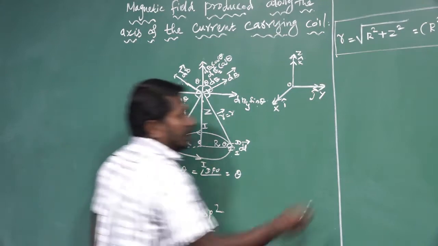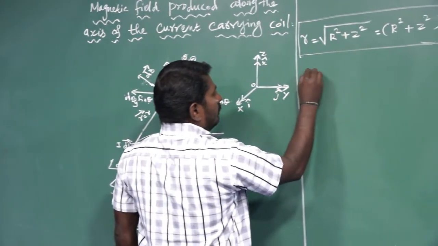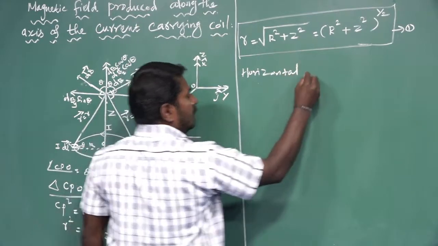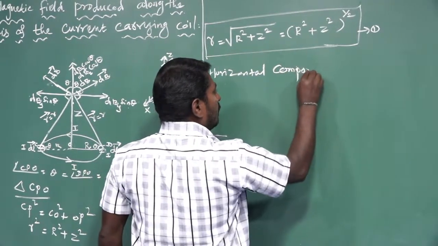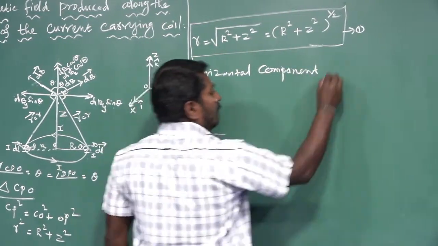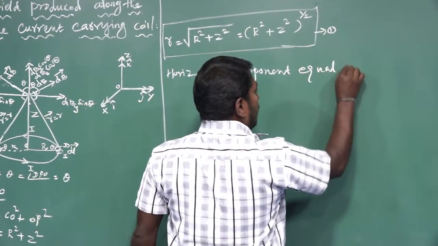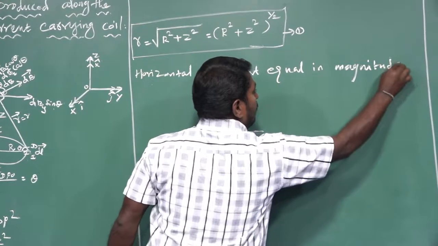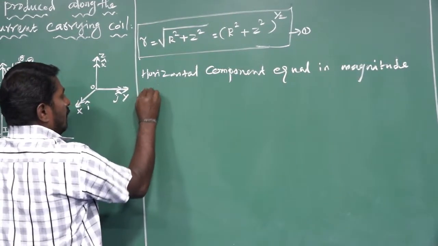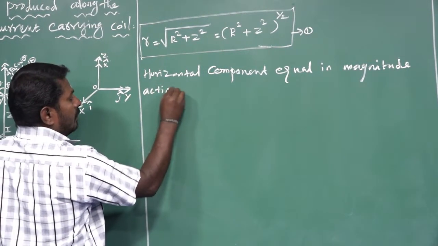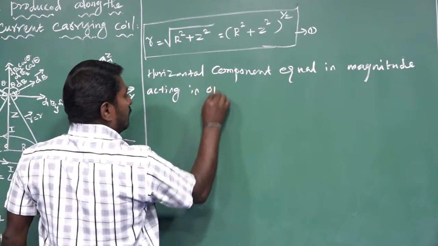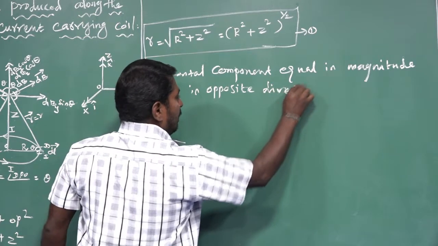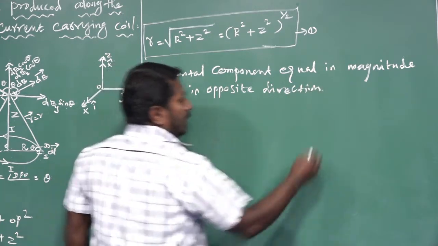dBy sin theta, the horizontal components, equal in magnitude, acting in opposite direction, cancel out.